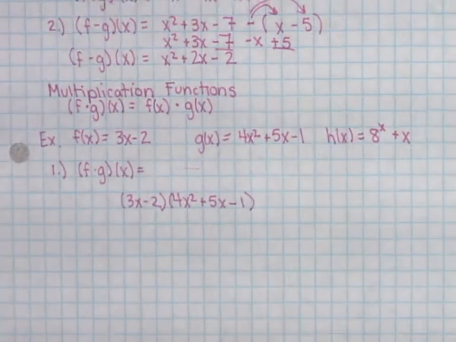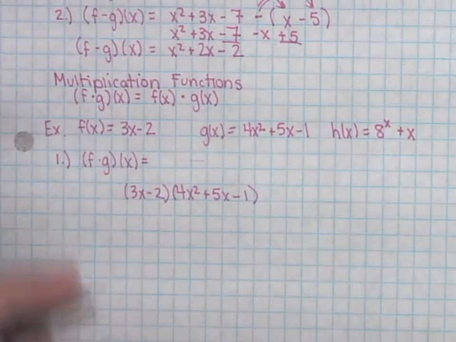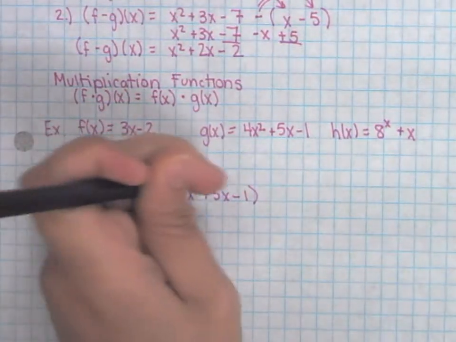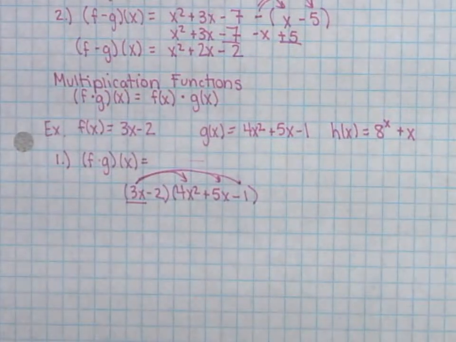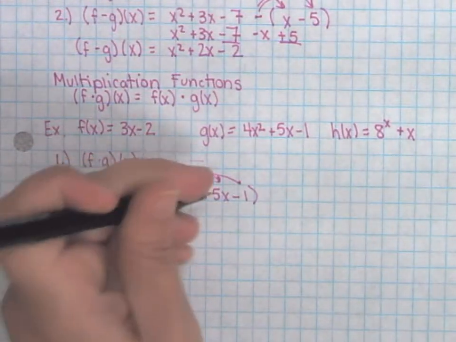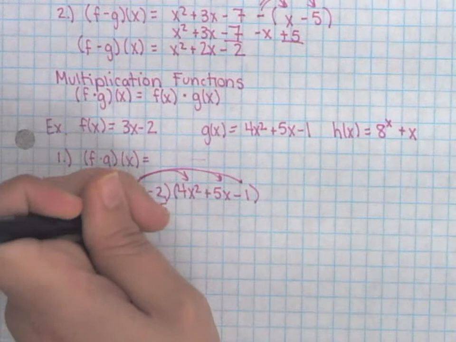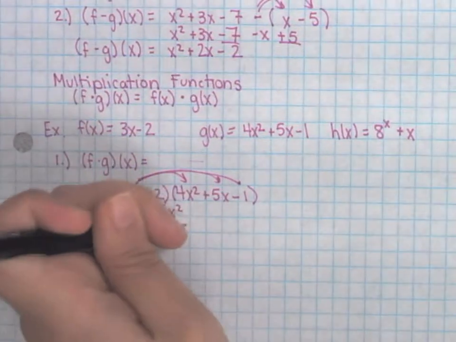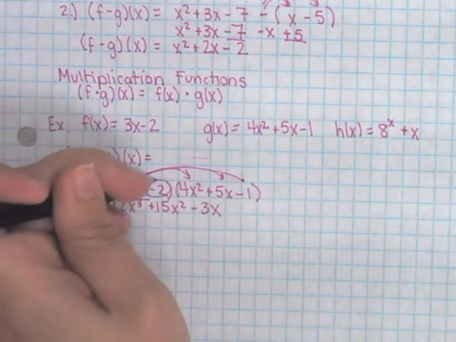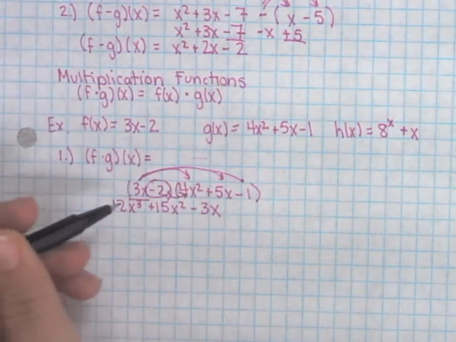And you literally just distribute. You take 3x and multiply it by everything in the second group. And you take the -2 and multiply by everything in the second group.